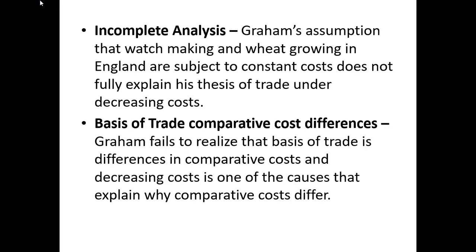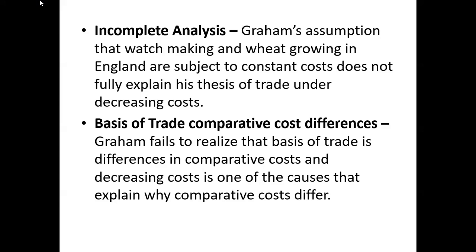Then incomplete analysis. Graham's assumption that watchmaking and wheat growing in England are subject to constant returns does not fully explain his thesis of trade under decreasing cost. He does not analyze the trade relation between the two countries when the two goods are produced under the same law of production in England as well as in America.